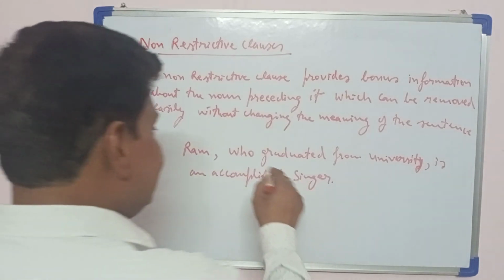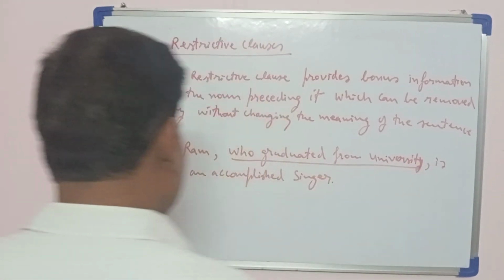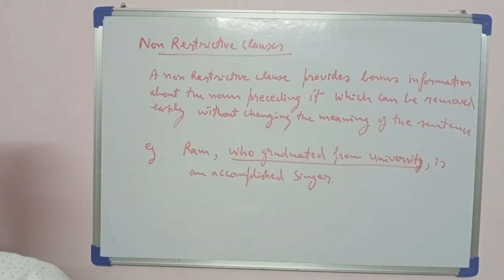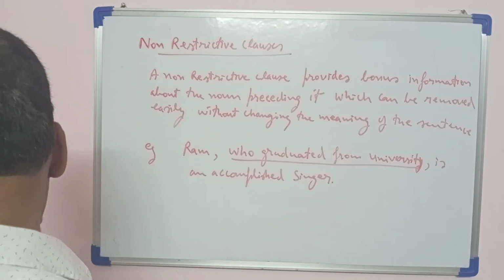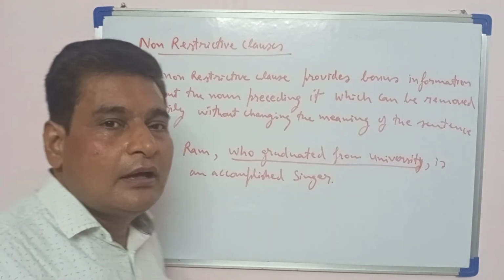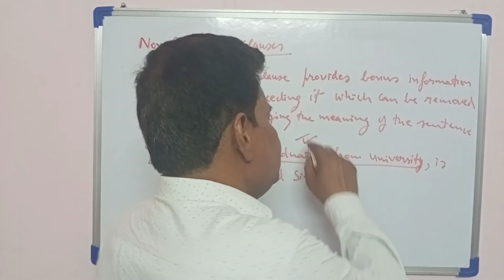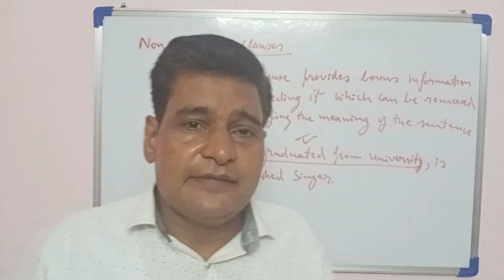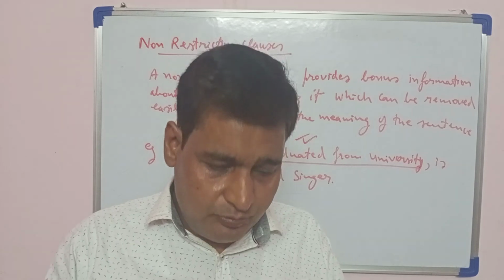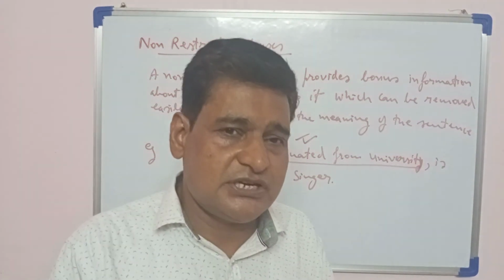So here you can see that "who graduated from university" is the non-restrictive clause, and if you remove it, there would be no change in the meaning, because this is the extra information that you are getting. So we can say non-restrictive clauses are those clauses which provide you some extra information regarding the noun.